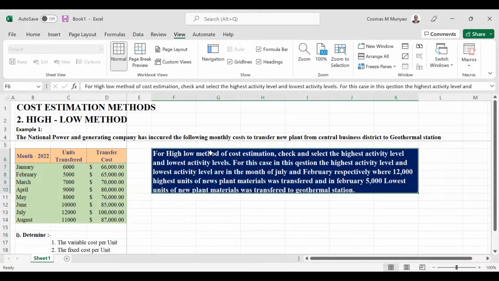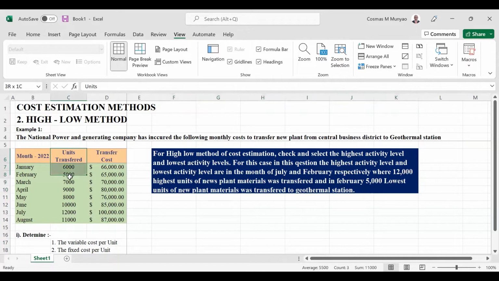In this method of cost estimation, a student needs to check and select the highest activity level and the lowest activity level. You know, these are the activities. This is the activity and this is the cost. You need to differentiate the two.